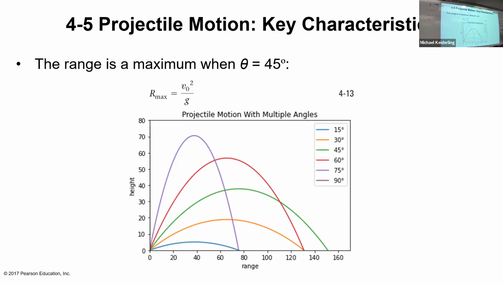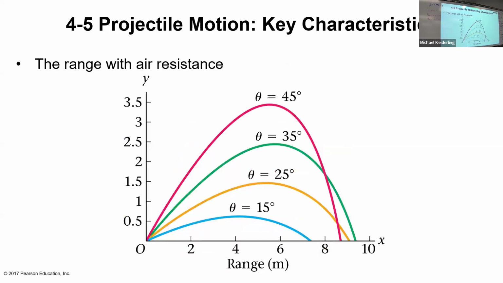Now this is assuming there's no air resistance. In reality, there is air resistance. And when there is air resistance, that favors the lower paths, just because there's less distance and less time for air resistance to slow you down. So with actual air resistance, your peak distance is going to be at a little bit lower angle, because you get slowed down the entire time.